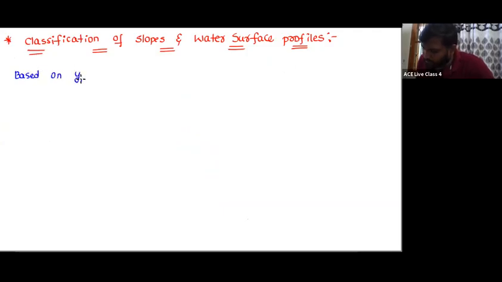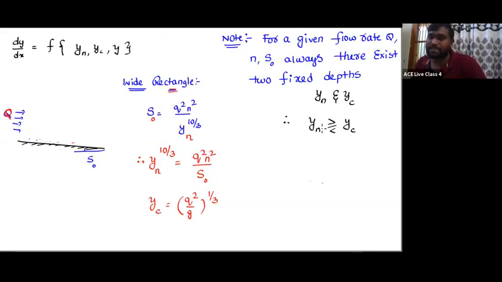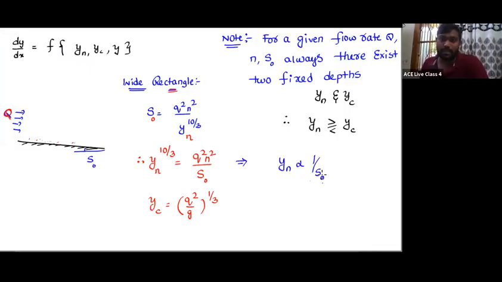Based on yn and yc, just now I said yn greater than, equal to, or less than yc. Now you please observe from this that yn is inversely proportional to S naught.